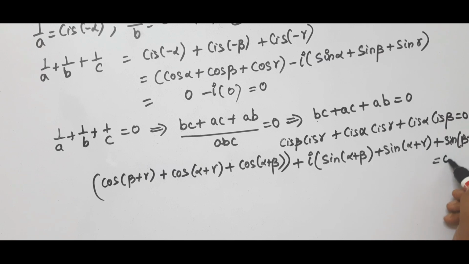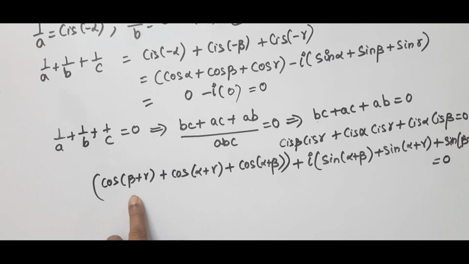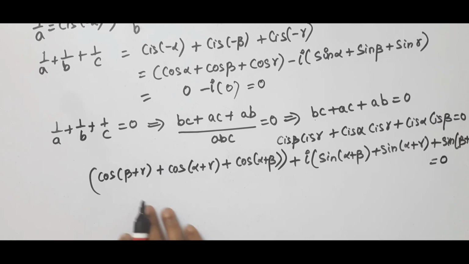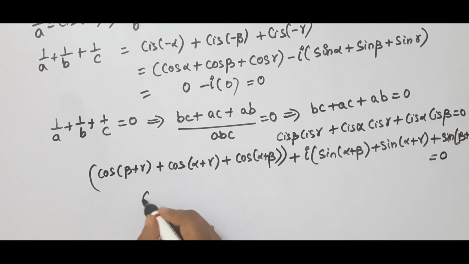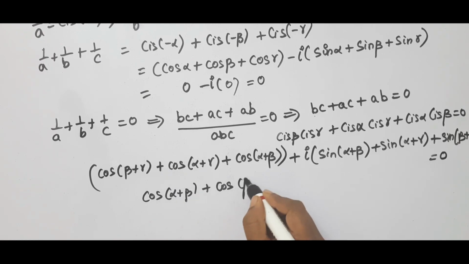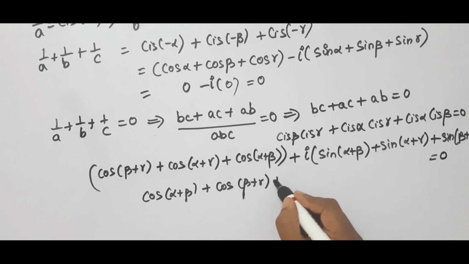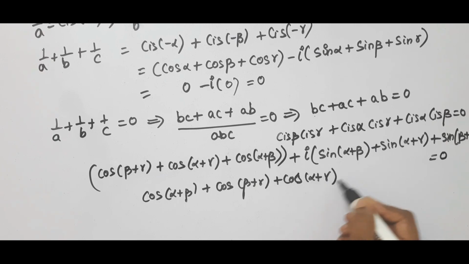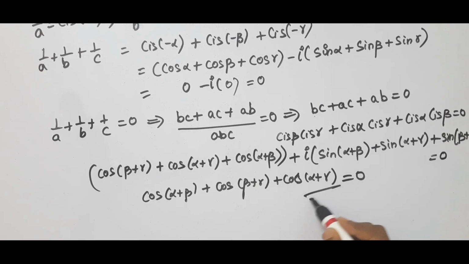Now we just need the value of cos of alpha plus beta plus cos of beta plus gamma plus cos of alpha plus gamma, is it not? So we compare the real parts on both sides. Then finally we will get cos of alpha plus beta plus cos of beta plus gamma plus cos of alpha plus gamma equal to 0. This is the final answer.